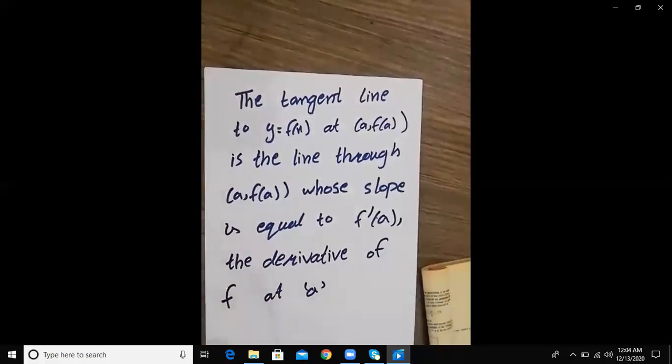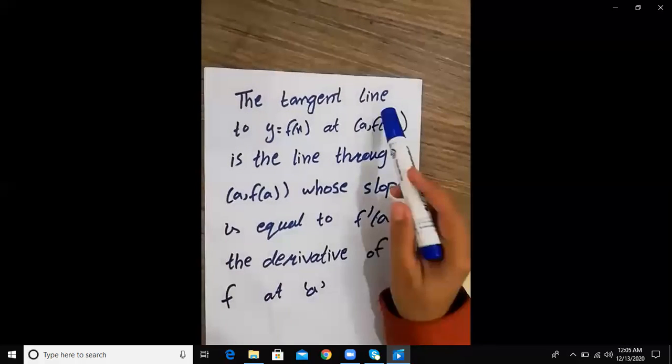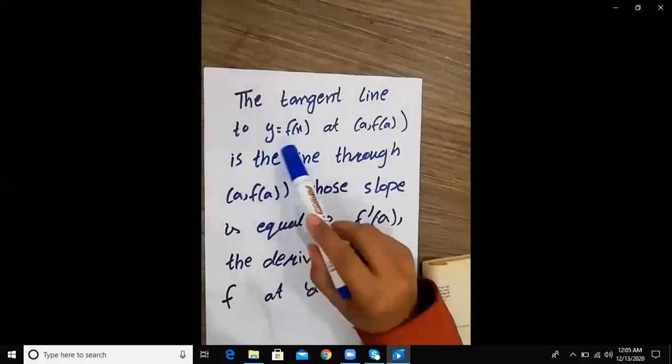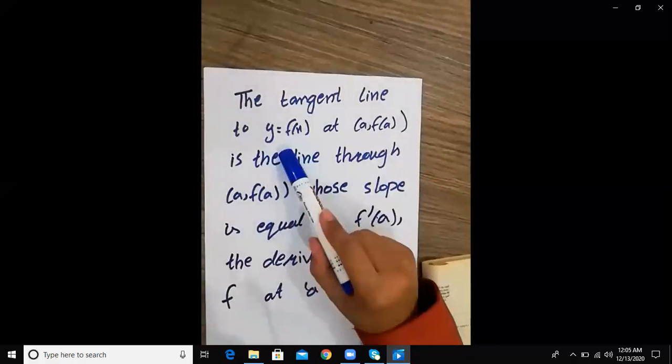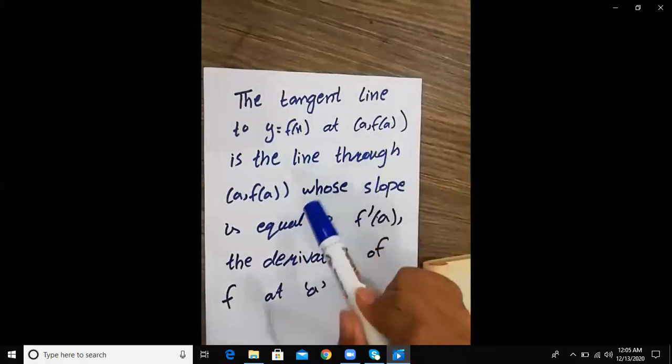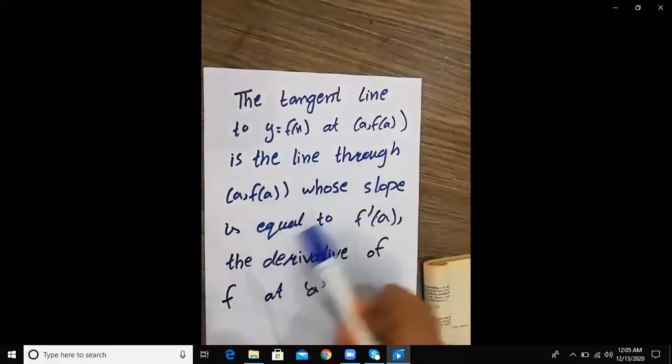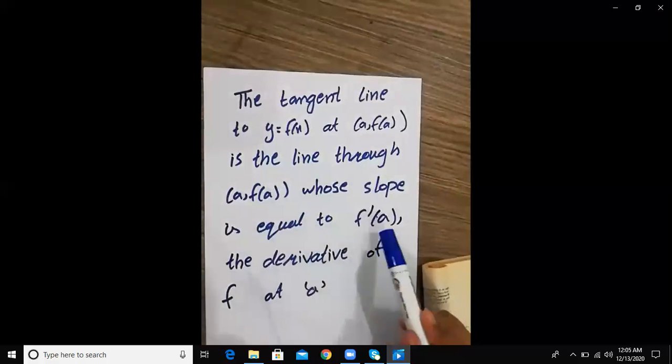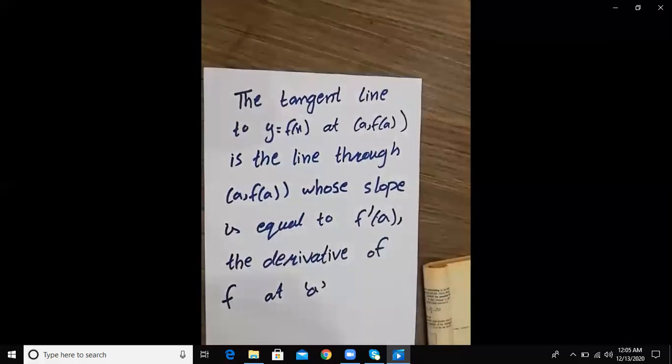So the tangent line to equation y is equal to f of x at point a, f of a, is the line through point P. This is the point P whose slope is equal to f prime of a, the derivative of function at a.